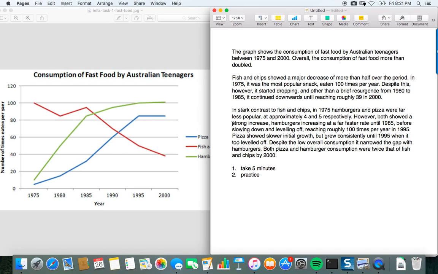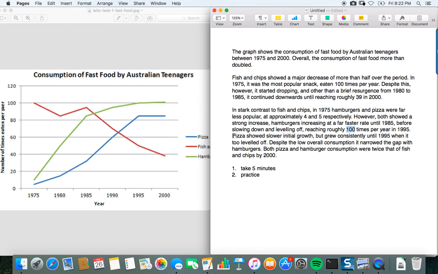However, both showed a strong increase. All right, so you go with the trend and you describe it. Hamburgers increasing at a faster rate before reaching roughly 100 times per year. All right, so again, trend increasing, data 100 times a year in 1995.